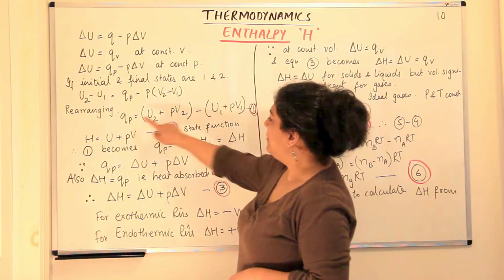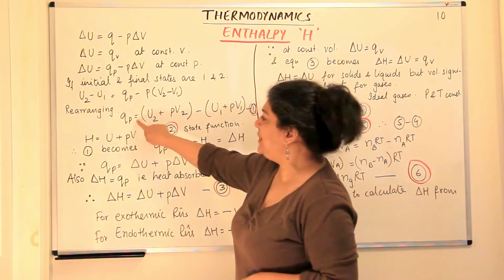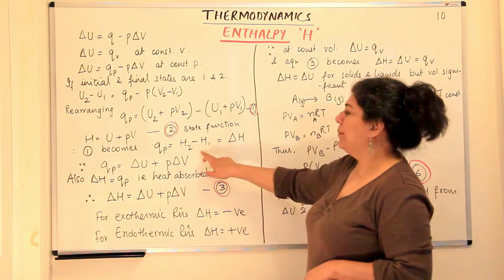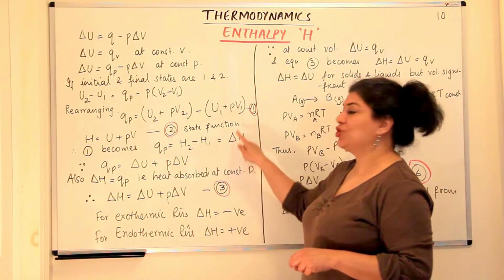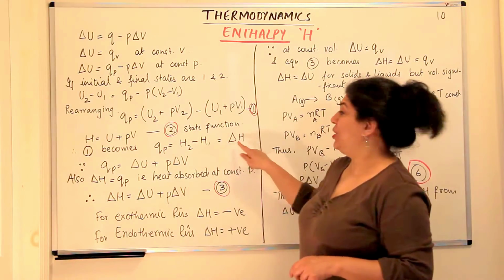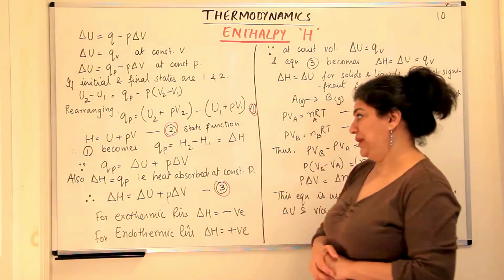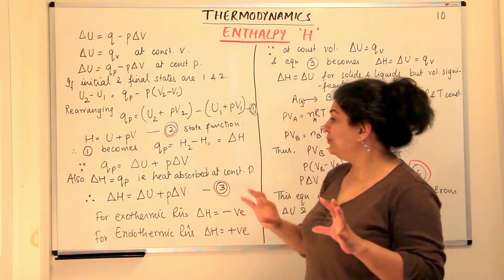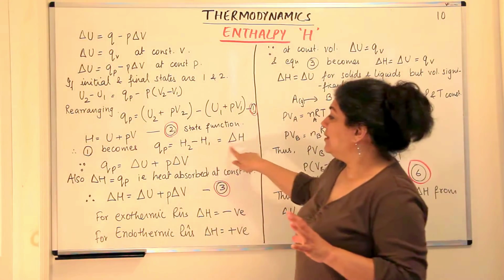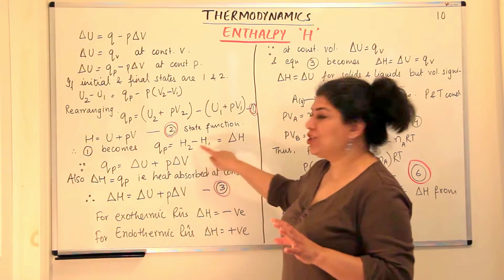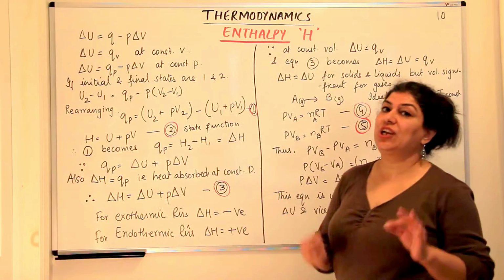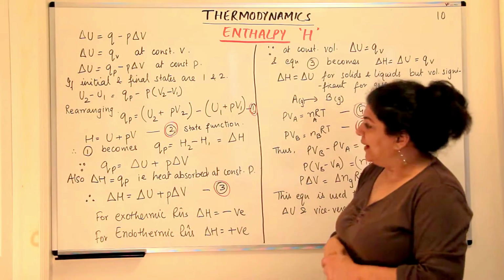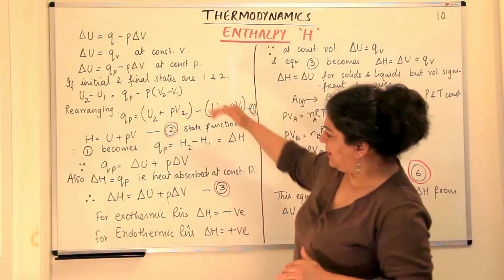In other words, we can write this equation as QP is equal to H2 minus H1, and the change in enthalpy is shown by delta H. Is it clear till now? Now, QP therefore is equal to H2 minus H1, which is equal to delta H, the change in enthalpy.